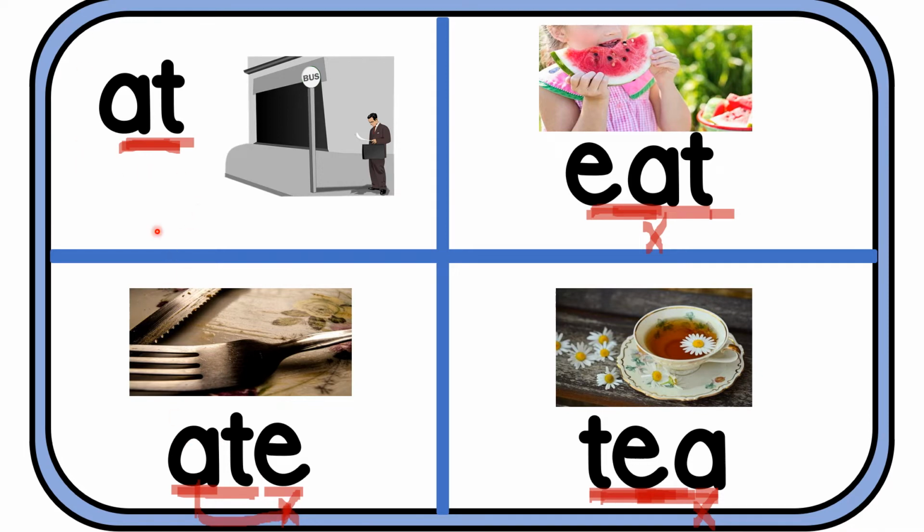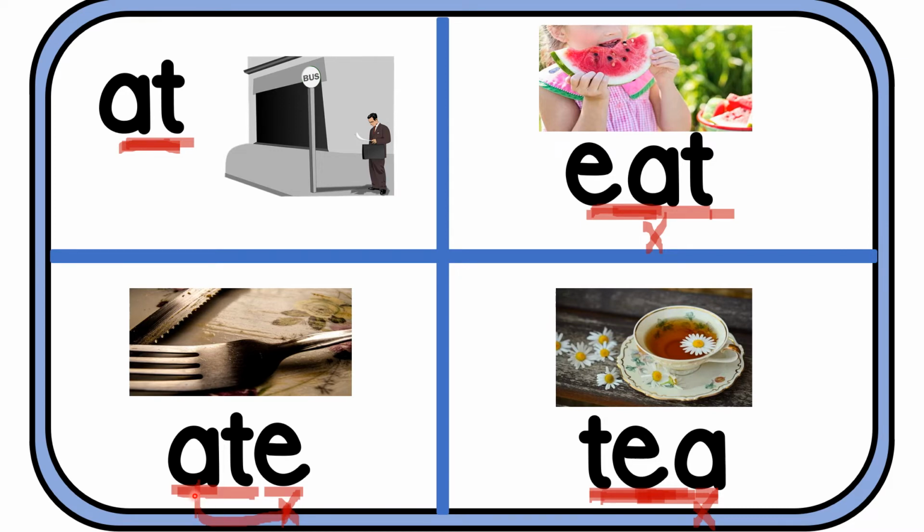For example, in at, we can see at, only 2 sounds, and we have 2 letters. In it, when we look at it, we see the silent E at the end.